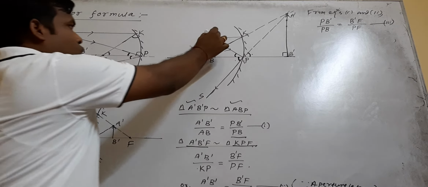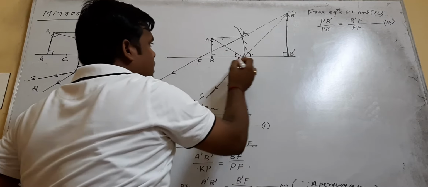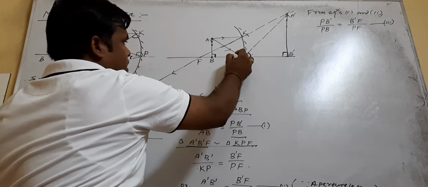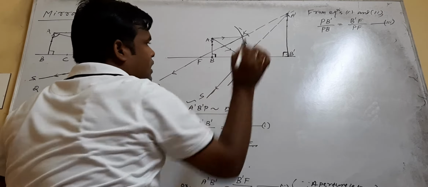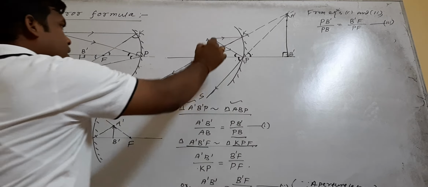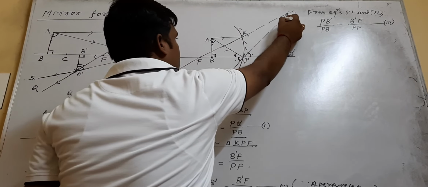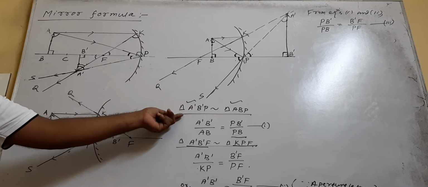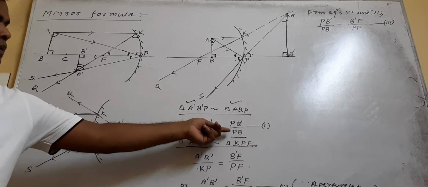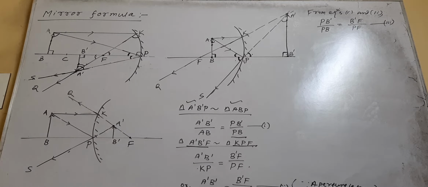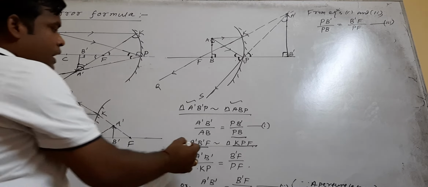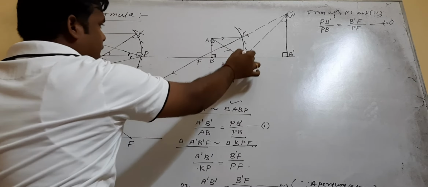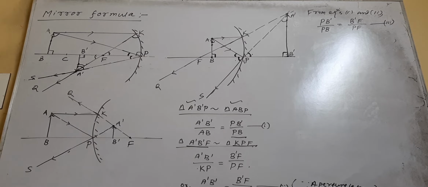So in these two triangles, two angles are equal. So definitely the third angle will be equal. So they are similar. So you can write A'B'/AB is equal to PB'/PB.